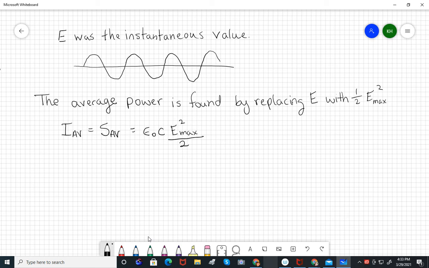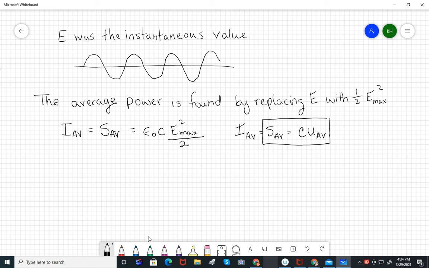Or even simpler, here's my favorite: it's just c times the average energy density.